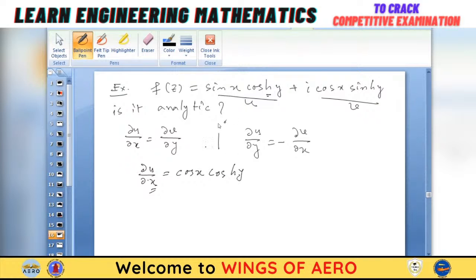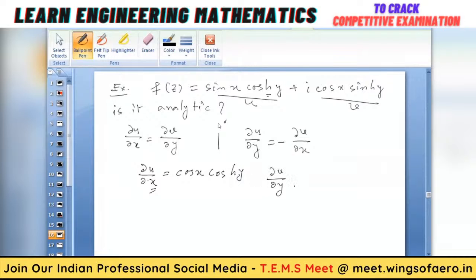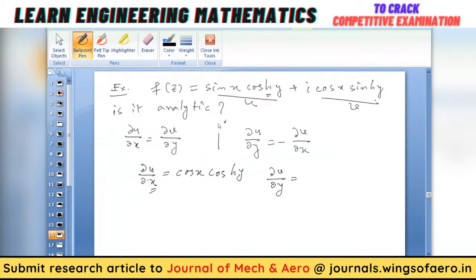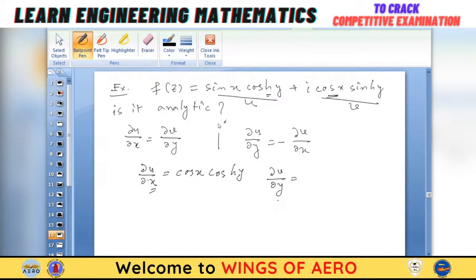Now del v del y. v is cos x sine hyperbolic y. Cos x is not acceptable because we are taking the derivative with respect to y, so cos x is constant.